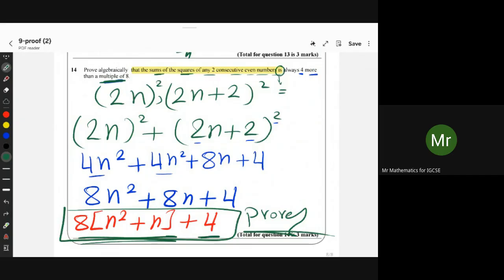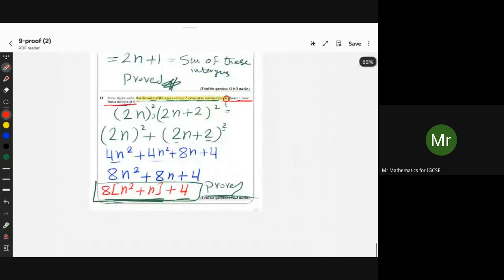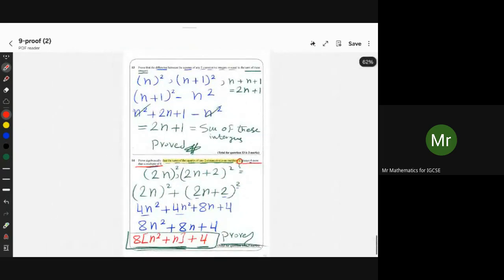So work, and start with the statement before is. Then you will finish your proof with the statement after is. Okay, so here is how you can handle the algebraic proof.